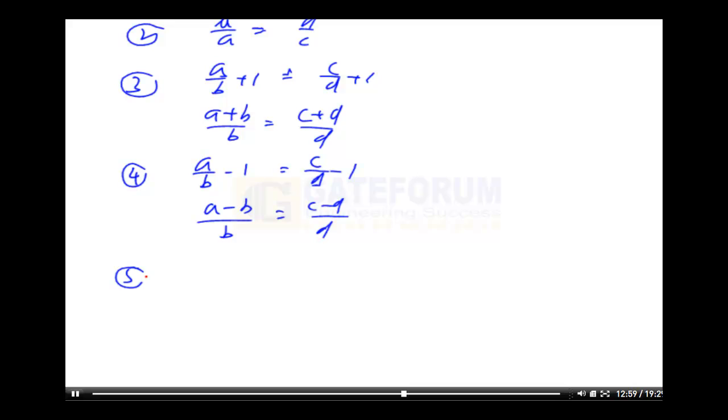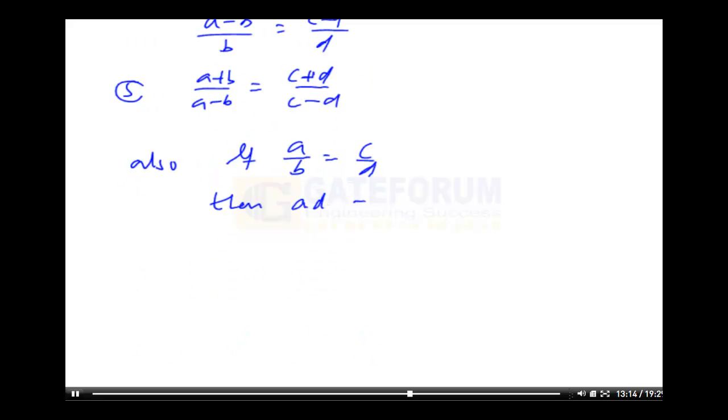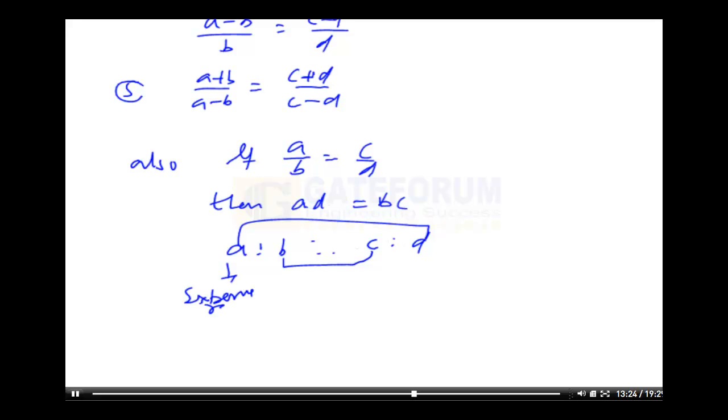If I divide 4 by 5, I'll get a plus b by a minus b, which is c plus d by c minus d. Also, if a by b is equal to c by d, then AD is equal to BC. A is to B as C is to D. A to D is B is to C. A and D are called extreme ratios.